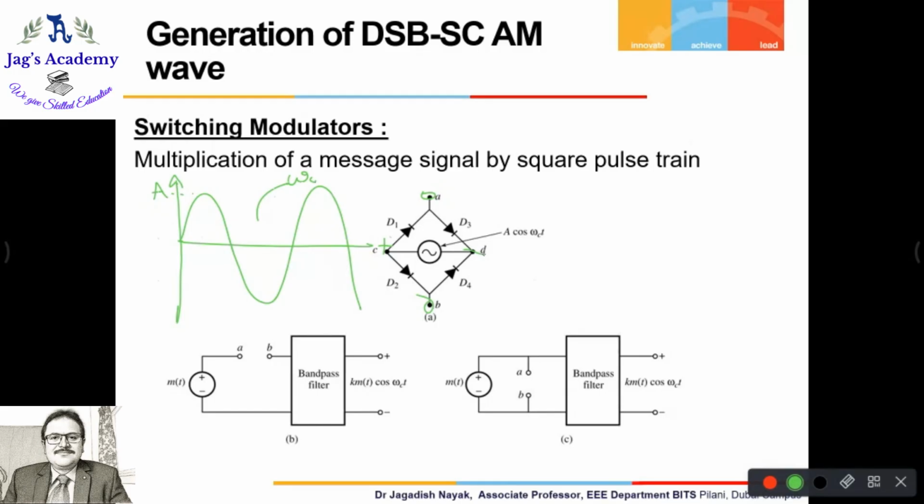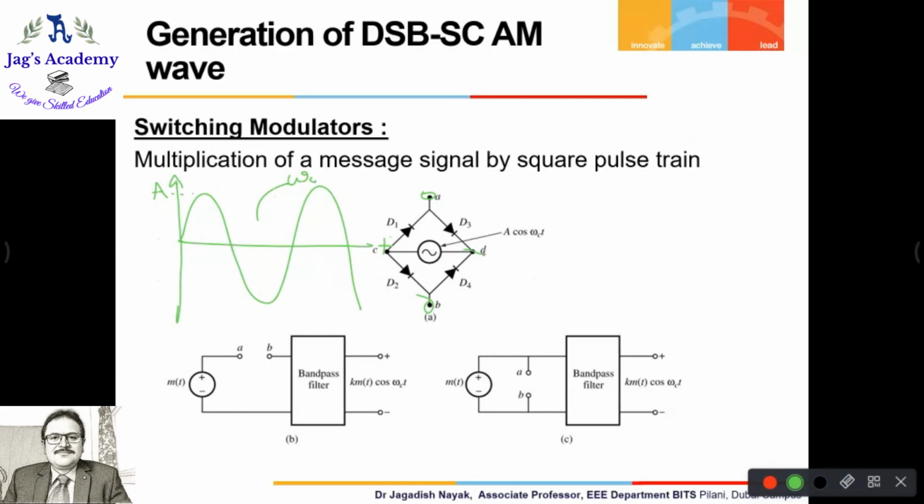Which diodes get forward biased? Which diodes get reverse biased? So you will continuously get negative and positive amplitudes, right? Yes or no?